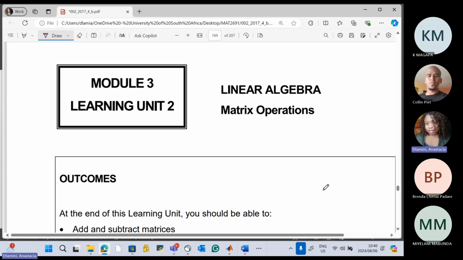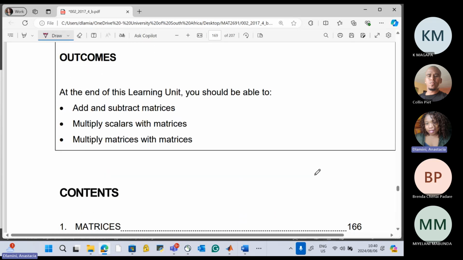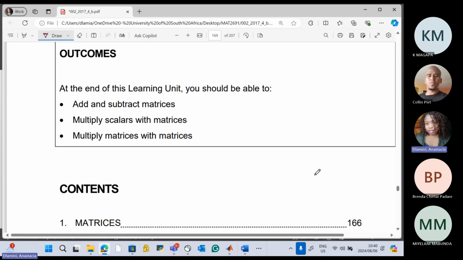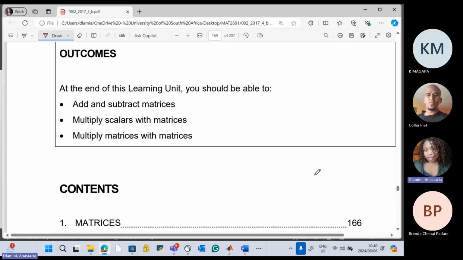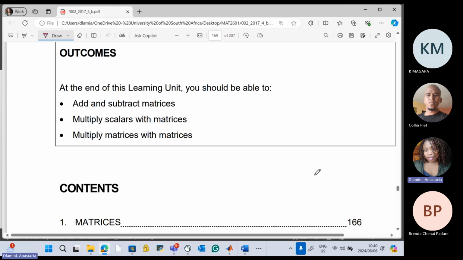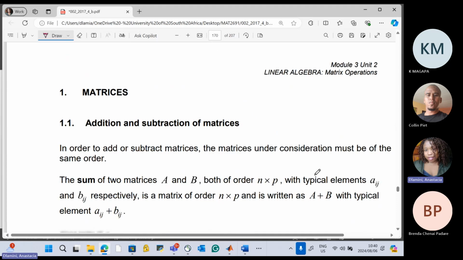So now in this section, we look at matrix operations. The outcomes at the end of this learning unit: you should be able to add and subtract matrices, multiply scalars with matrices, multiply matrices with scalars. So let's look at that.